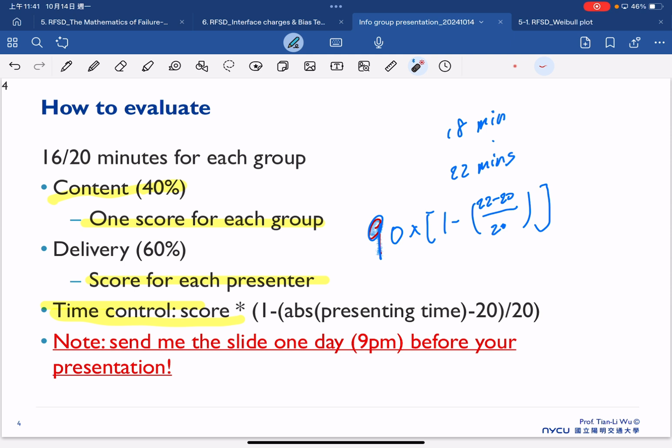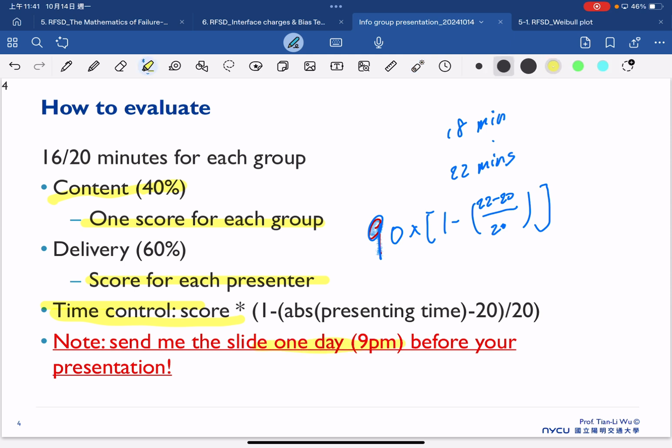Otherwise, your score will be reduced. The best way is to practice to make sure that your total presentation time is very close to 20 minutes, and then you won't get the score reduction. And also you need to send me the slides 1 day before your presentation.